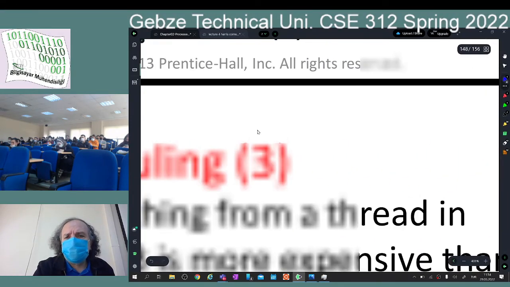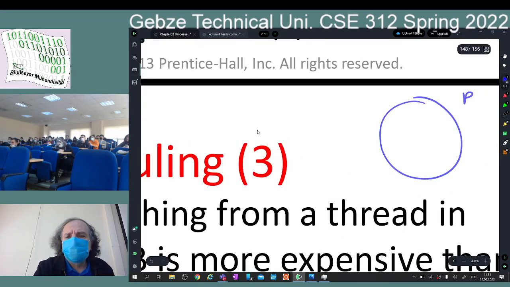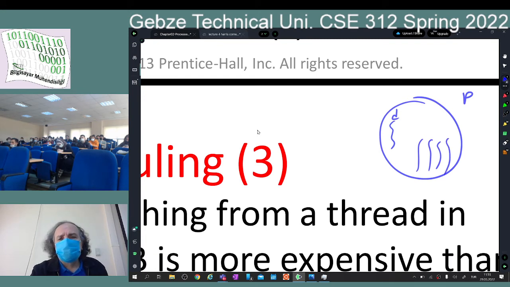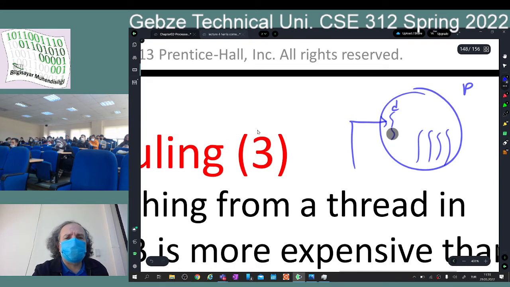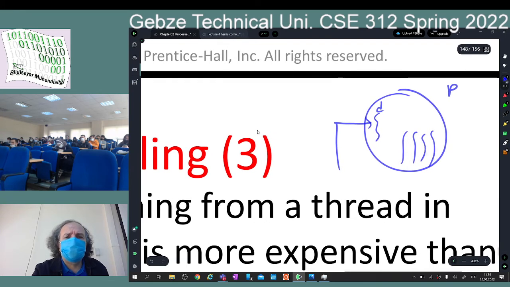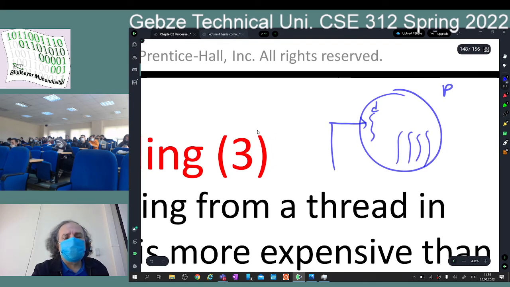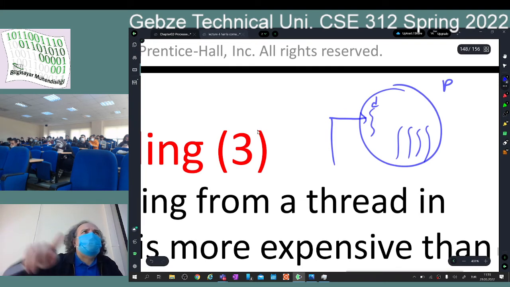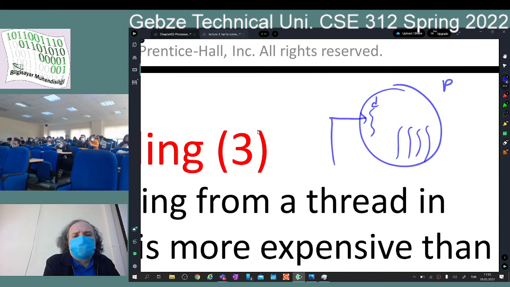This is my process, a server process. Inside this process there was a dispatcher thread, and there were these worker threads, right? Whenever I get a new request, this dispatcher thread assigns this request to one of these worker threads. So one of the worker threads starts working and handles it, and the dispatcher thread keeps dispatching the received jobs.